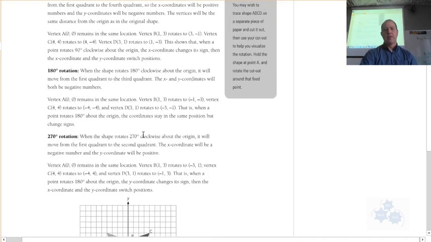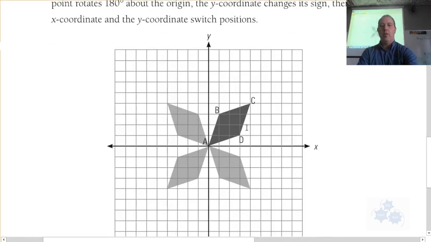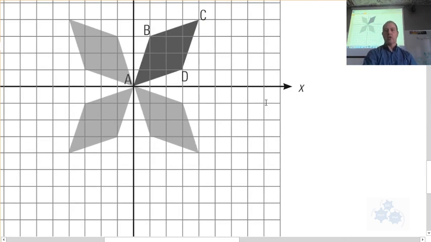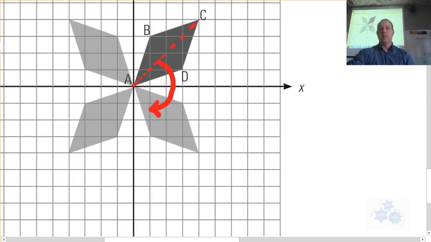So you can read through this if you want. 90-degree rotation and 180 and 270. You should have an idea of what those look like, and I'll just draw this on here. This original darker shape, this is a rotation of 90 degrees here, because if you draw a line here and a line through the rotated shape, it makes a right angle, 90 degrees. Okay, so that's kind of what that looks like. And then, of course, this one rotated down to here, that's 180.